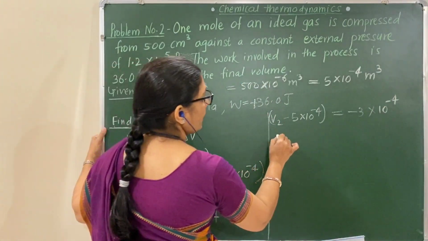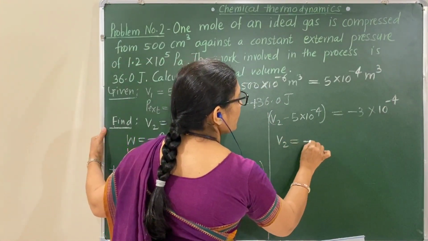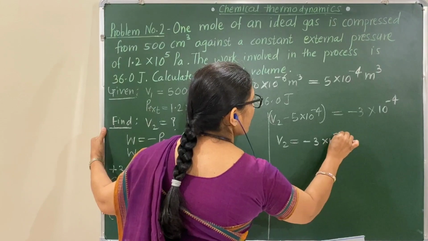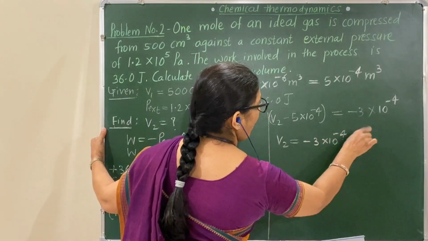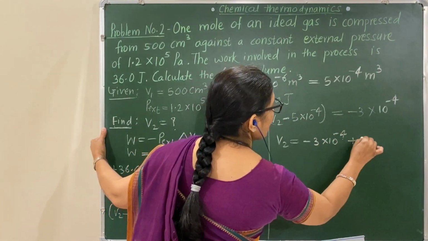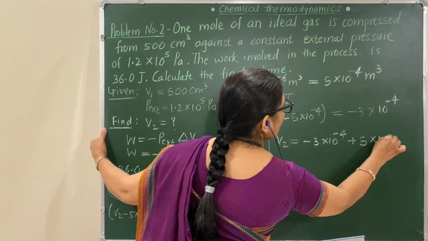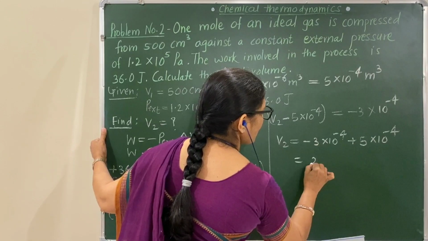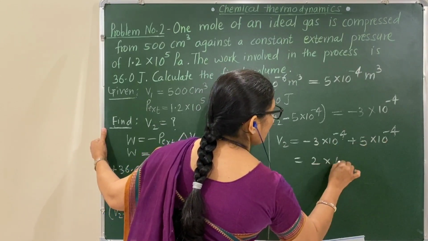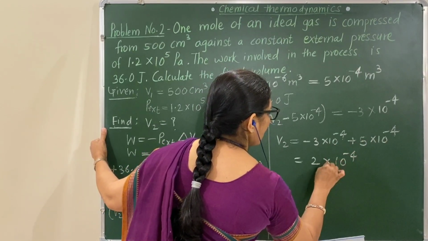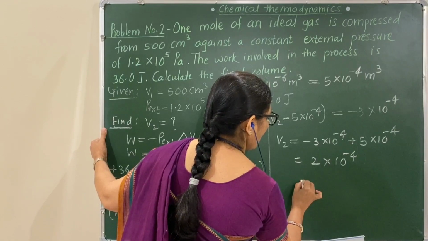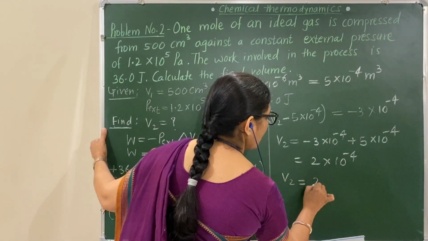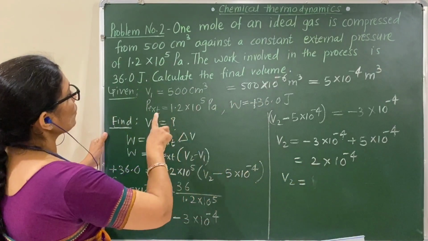Therefore, V2 is equal to minus 3 into 10 raised to minus 4 plus 5 into 10 raised to minus 4. Now, 5 minus 3, that is 2. This 10 raised to minus 4 is common. Therefore, V2 is equal to 2 into 10 raised to minus 4.